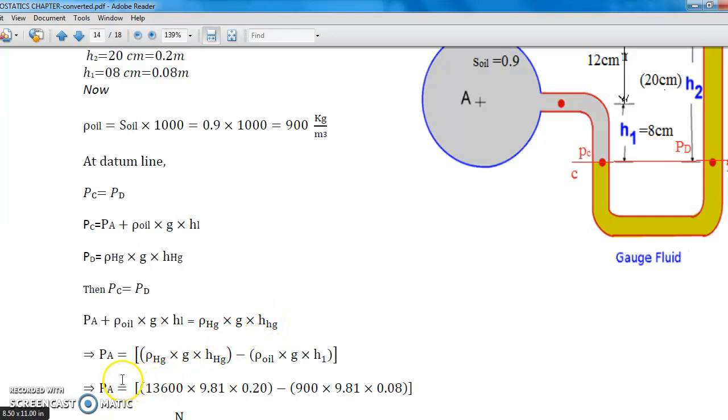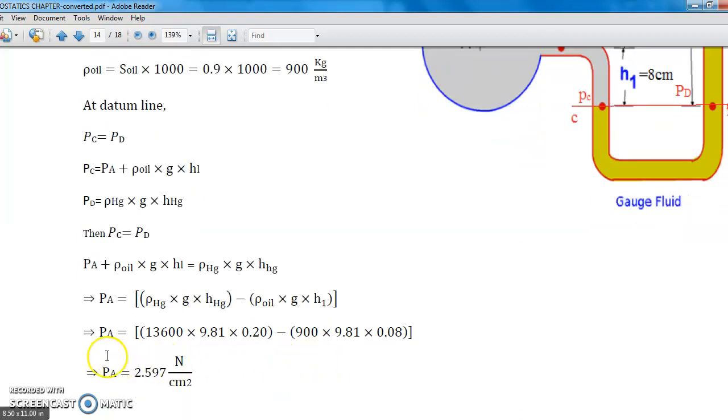So our aim is to calculate the pressure of the fluid which is flowing in the pipe, that is PA. So PA you keep on the left side and take this value to the right side. Then you have to give the negative sign. So that is the density of the mercury into G into height of the mercury minus density of the oil into G into H1.